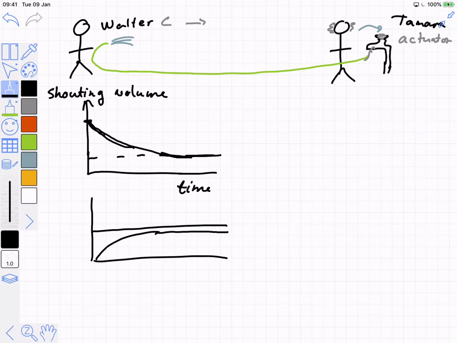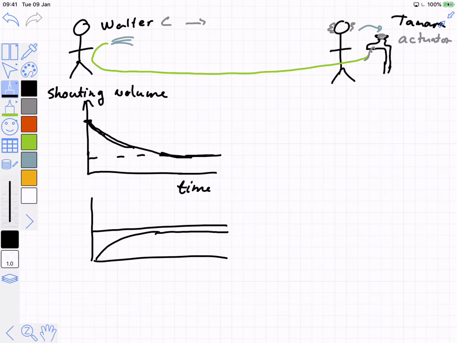So, what would a real person do? A real person would have communication and say something like, are we there yet? Like, is it there yet? Right? And while there is an error, while Walter is saying, oh, not quite there yet, it's very close but not quite there, a real person would start turning the tap and keep turning it slowly until the shouting stopped completely.